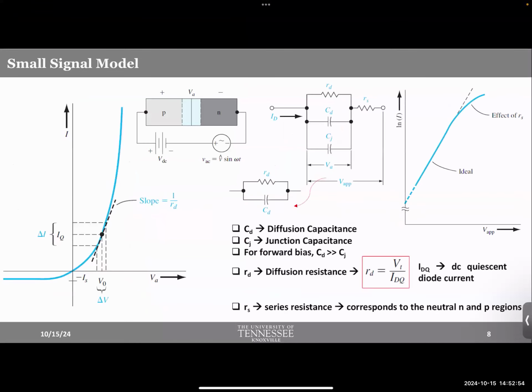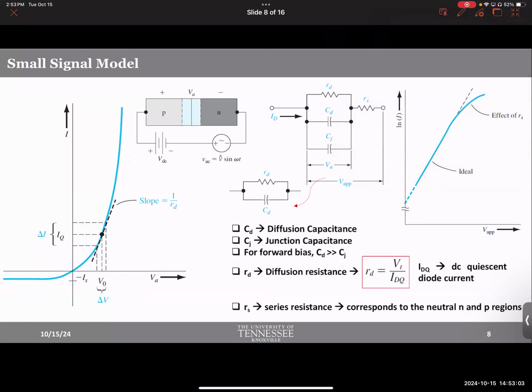Oh, I meant to go here. Okay, this is, as I told you, probably exaggerated just to show you that there is something. It's not completely zero. Okay, so we are dealing with the forward bias situation here. You apply a forward bias voltage, DC voltage, and for that there is a corresponding DC current. Okay, and then you superpose an AC signal on top of it, right?